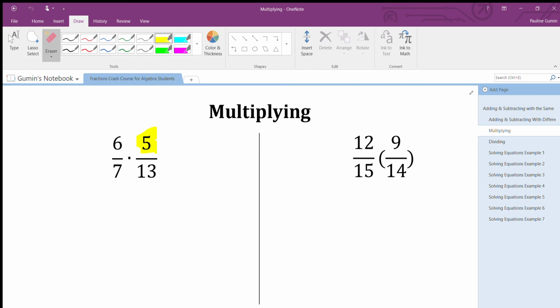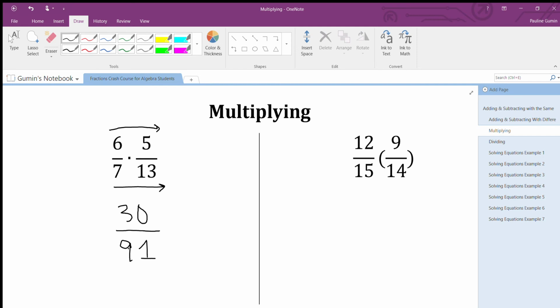Again, no. Since I can't reduce, I'm going to multiply straight across. 6 times 5 is 30. 7 times 13 is 91. Can we reduce this? No, we cannot. So that's our final answer.